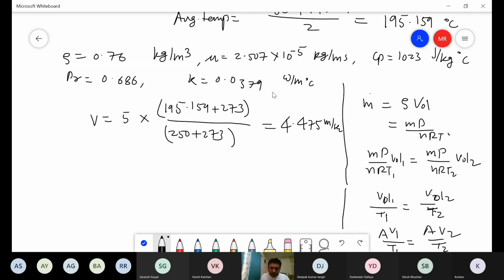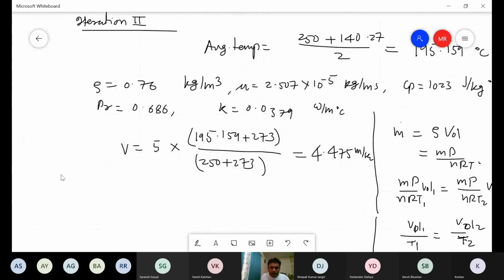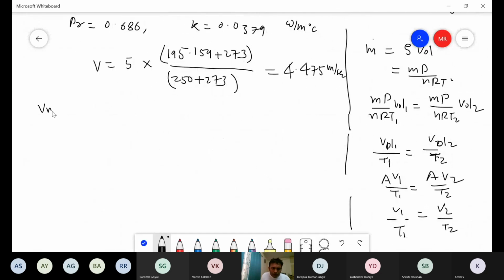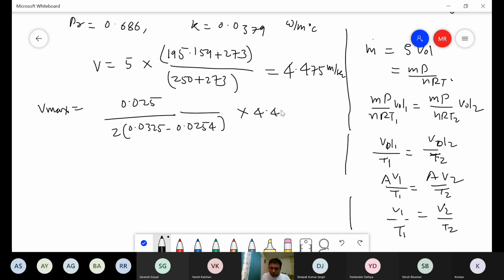So let us calculate Vmax. Vmax comes out to be 0.025 divided by 2, into 0.0325 minus 0.0254, into 4.475.